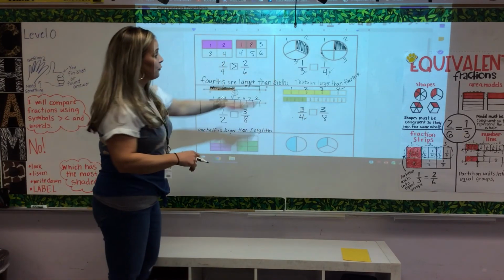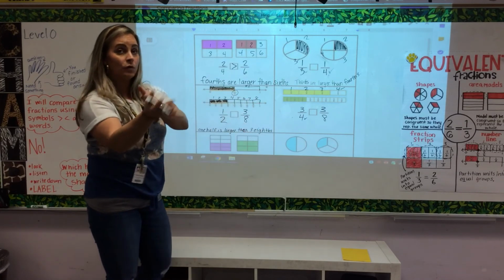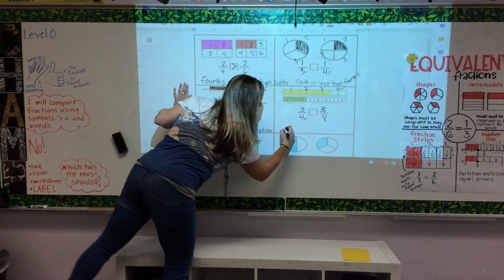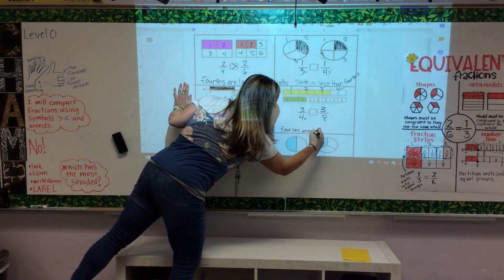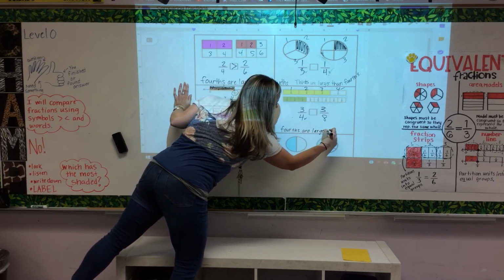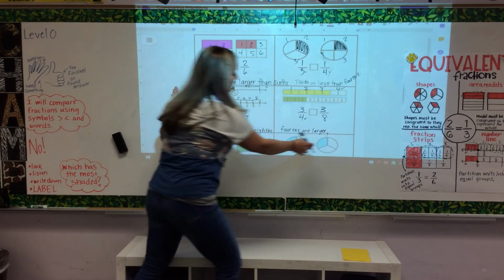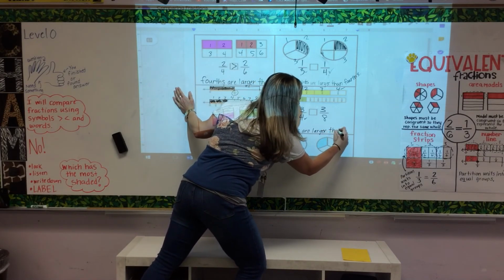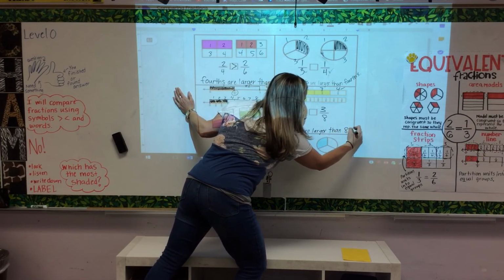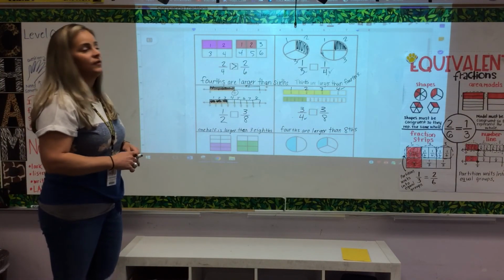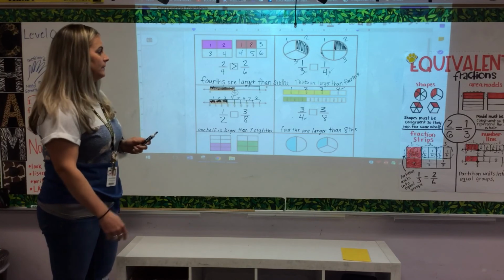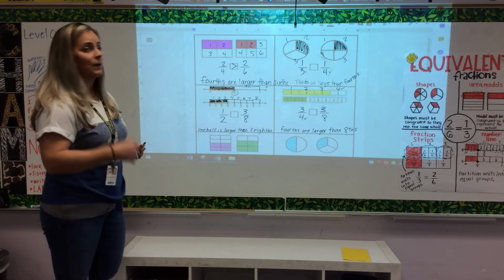Okay? So 3 of the fourths are larger because fourths are larger than eighths. I keep wanting to put an S on that. Okay? Fourths are larger than eighths. There you go. Okay, so make sure you write out the words.